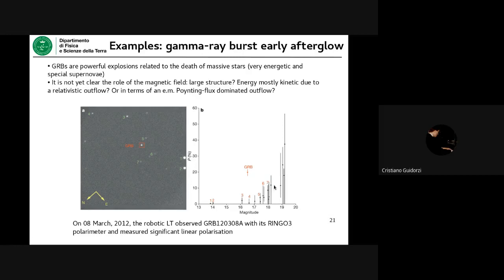The GRB, which is in the image here, is this guy here, has a degree of polarization which is significantly higher than the other field stars. And you see here around 20%. 20%, as I will show you also in the next classes, is huge. It's a high degree of polarization.